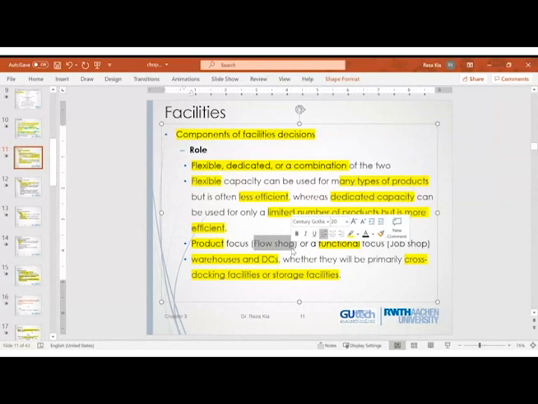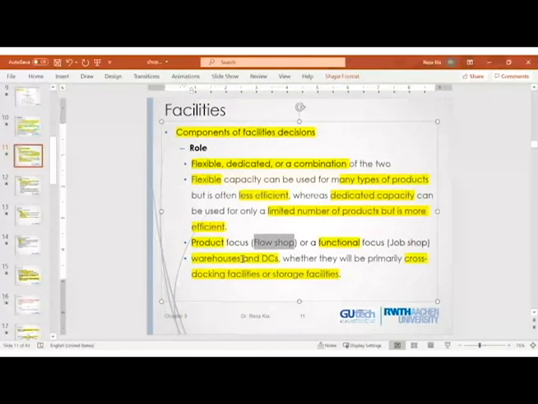So the role of your facility should be decided when we are going to design a manufacturing system or a supply chain. I think this is also an open area for research, because I have not seen much research that decides simultaneously about the type of production system and also the structure of a supply chain.